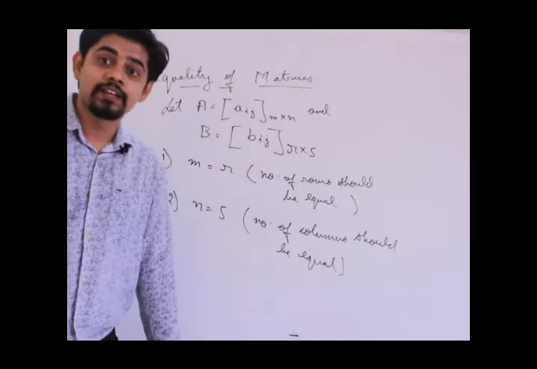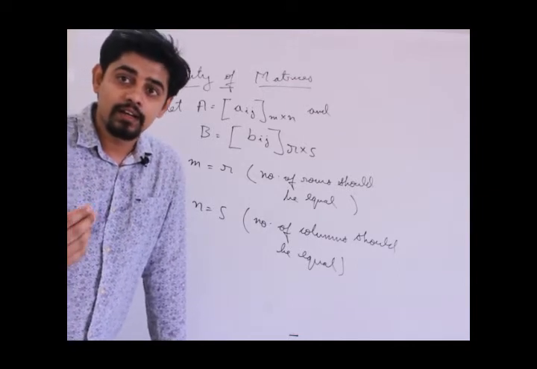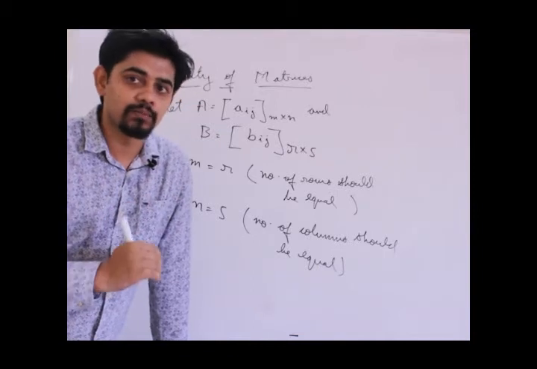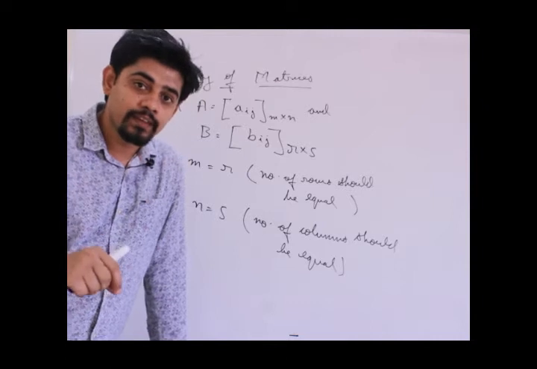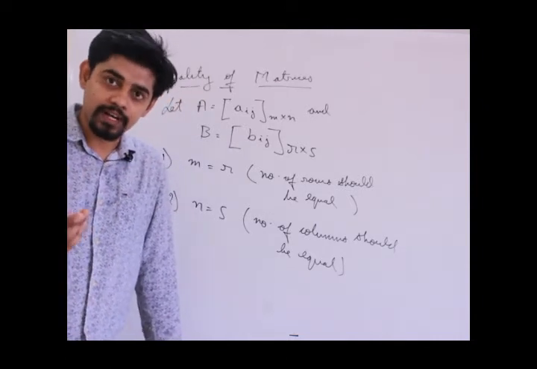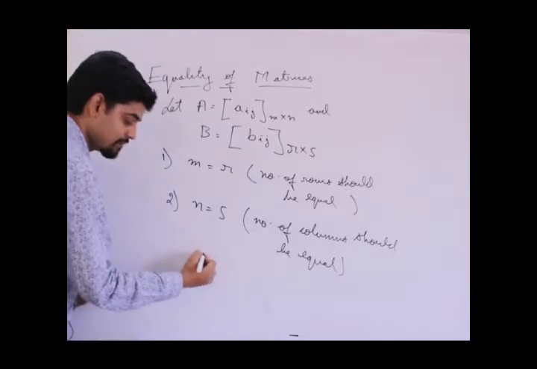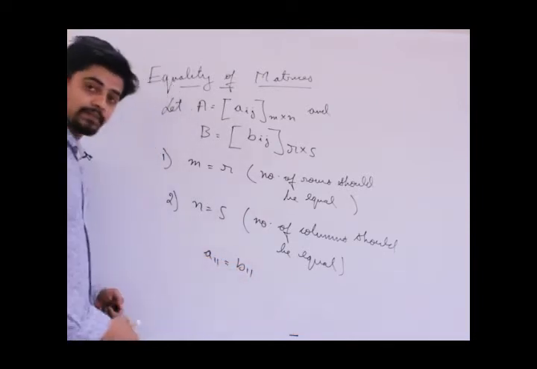Equality actually means the corresponding elements of both matrices are equal. When the number of rows and number of columns in both matrices are equal, that means the number of elements will be equal and their positions will be equal. I hope you are getting it. Positions will be equal in the sense that, if we take an example, then A11 will be equal to B11.